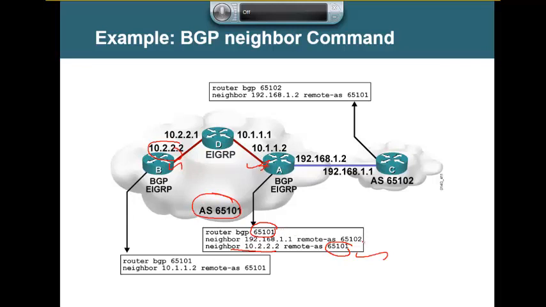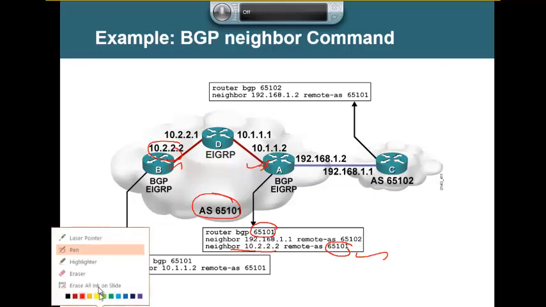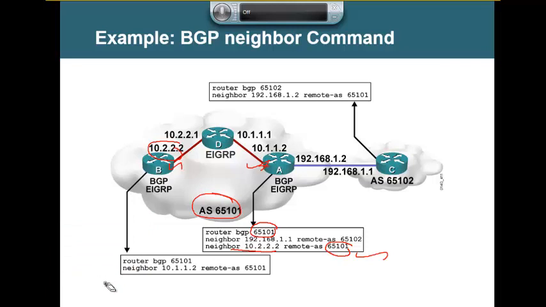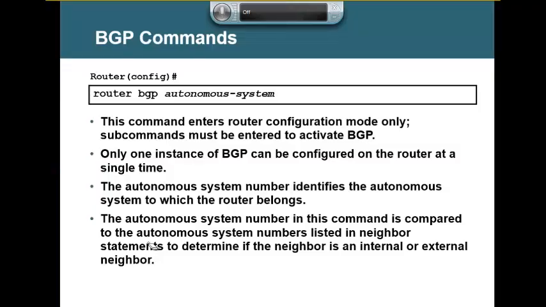When this differs, then it is EBGP. There is no other command to make known the difference. Routers know the difference between EBGP and IBGP only by comparing the autonomous system number. So that's what I explained here in this whole page. Especially the last paragraph is what I just explained.